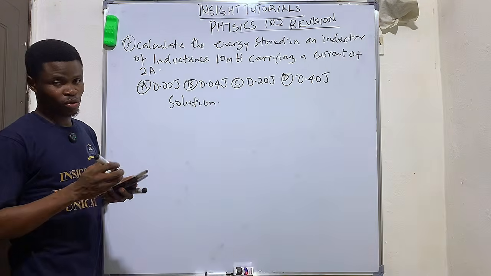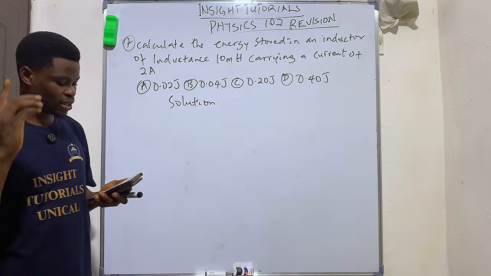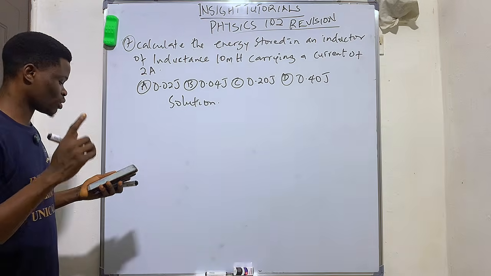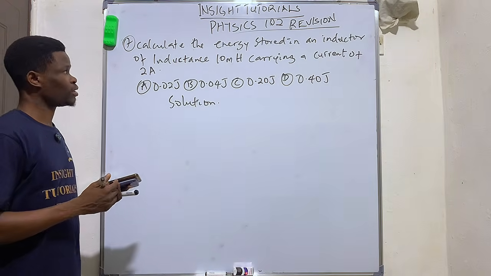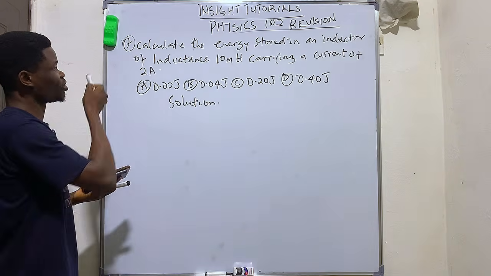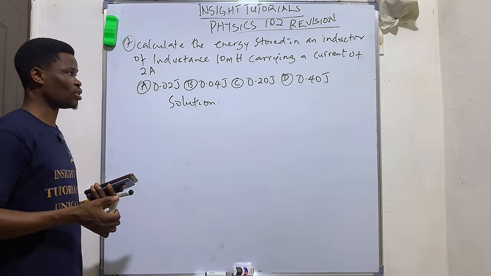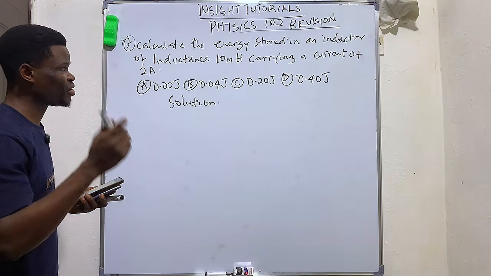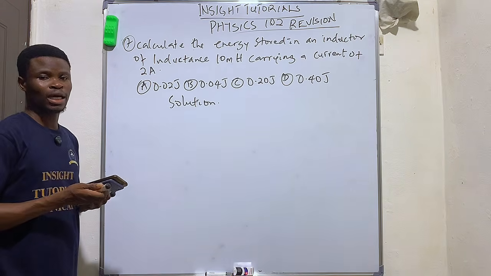All right, so this is a question from electromagnetic induction, and we're going to calculate energy stored in an inductor. And there's actually a requisite formula for solving this. So our question says that we should calculate the energy stored in an inductor of inductance 10 millihenry carrying a current of 2 ampere.